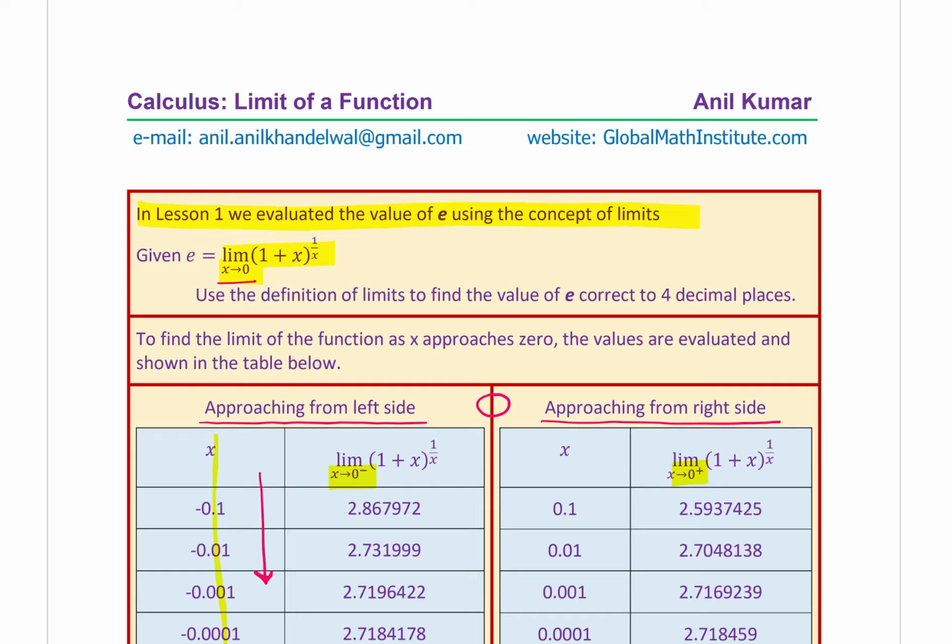Similarly, from the right side, when you're approaching from 0.1, 0.01 to 0.0001. And what you approach is the same value. So that is the L value, a real number, 2.7184, correct to 4 decimal places. We used the concept of limits earlier in our session, and that is a recall on that. So I hope now you understand what we are getting into.